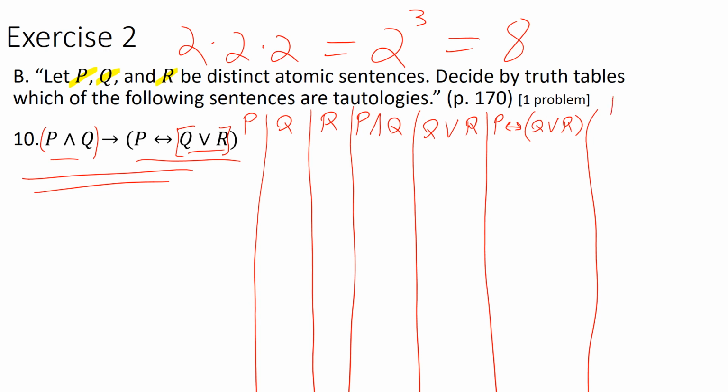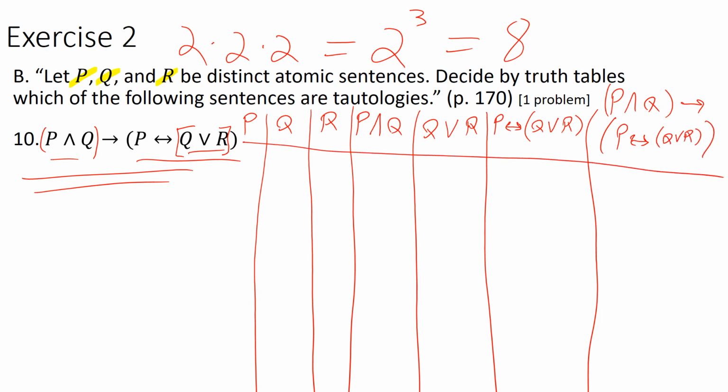So the antecedent is P and Q, arrow, and the consequent is P if and only if Q or R. Let's erase some things here.